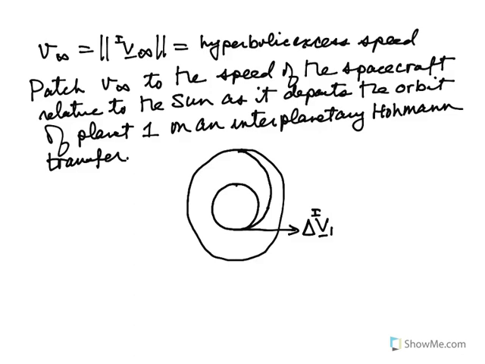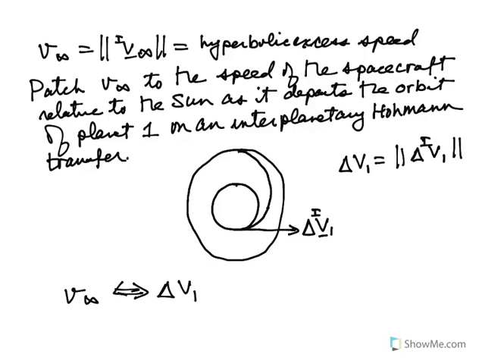So that means that V infinity has to somehow be equivalent to delta V1, where delta V1 is the magnitude of delta V1I, because you can see that this is actually tangent to the circle at this point. So as a result, there has to be a correspondence between these two.